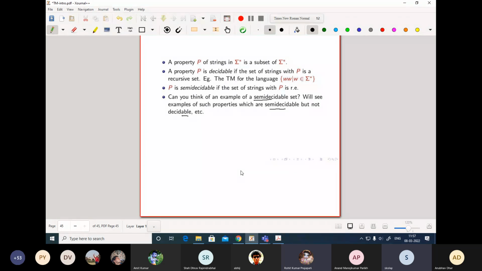I have one read-write tape in the classic definition. What if I had more than one read-write tape? Then can I solve more problems than the classic Turing machine? Similarly, we will be looking at other examples, and all of them will turn out to be equivalent to the Turing machine in terms of computability.